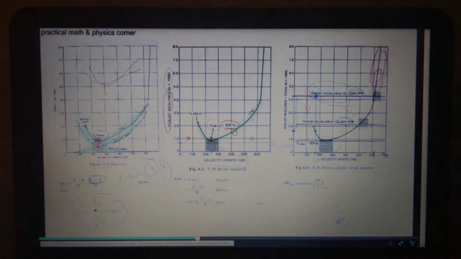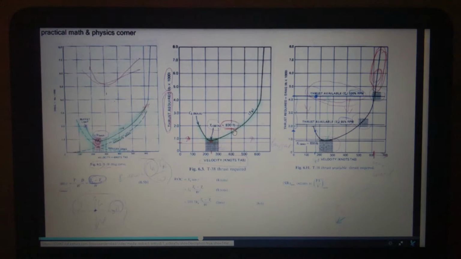It also directly tells us that if we have a constant thrust available and a variable thrust required, then the biggest excess thrust, and therefore the biggest climb angle, we can achieve whenever we manage to get the furthest distance between the two curves.